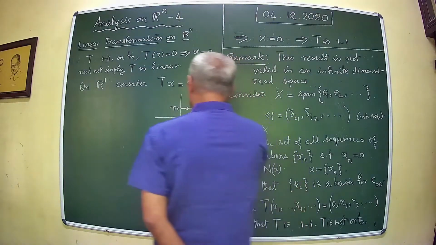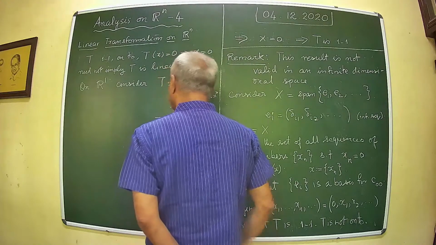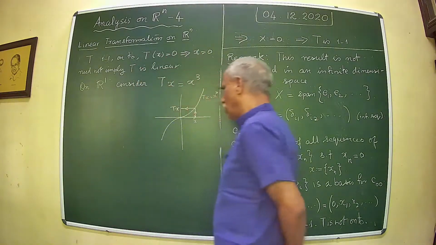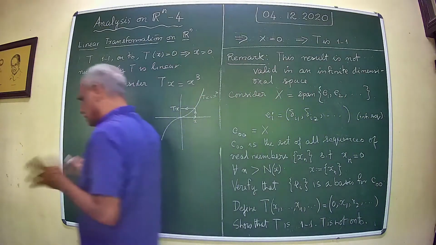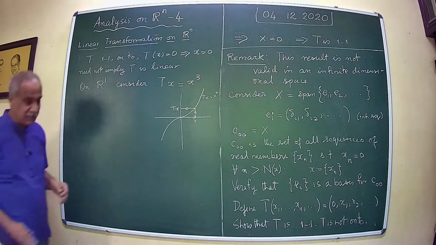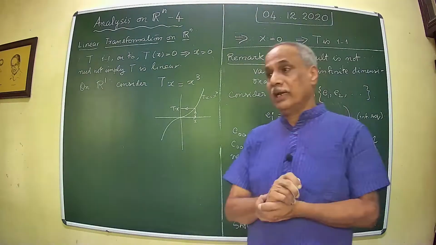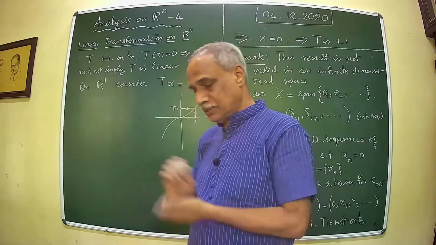So it's a map from this copy of R to this copy of R. All these are clear from the graph. So I think it's always good to go to lower dimensional spaces where you can actually draw pictures and get a feel for things to understand the concepts. Okay.